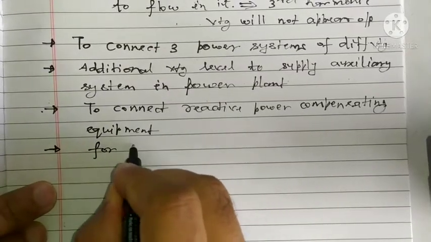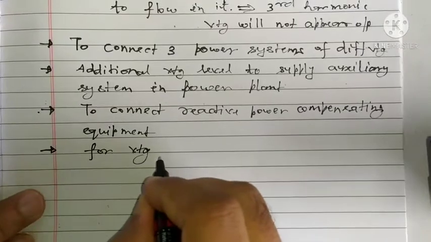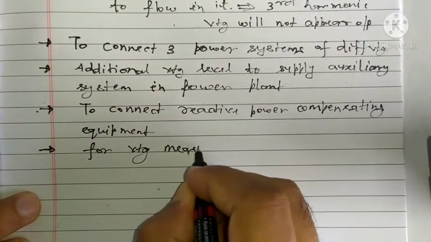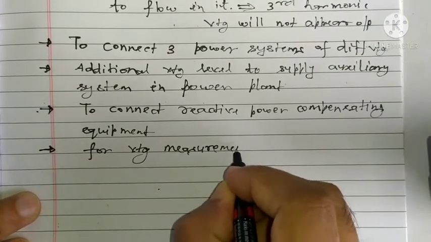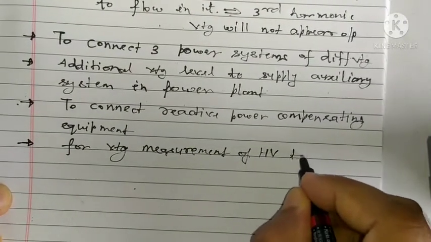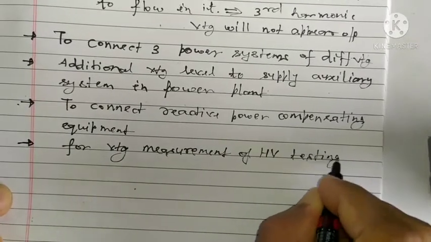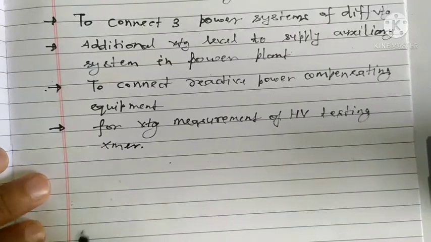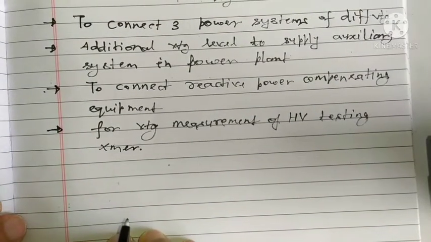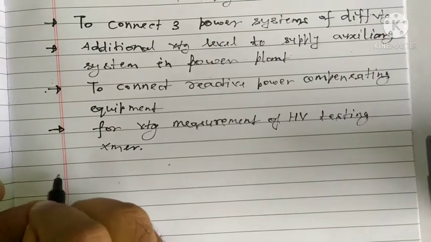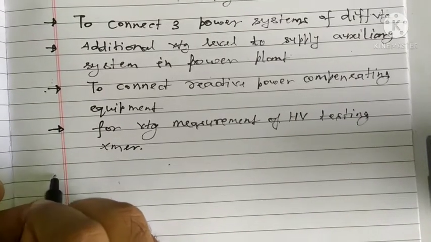So for voltage measurement of HV testing transformers, right? So this is what the tertiary winding or 3 winding transformer, and what are the applications of it that we have seen.